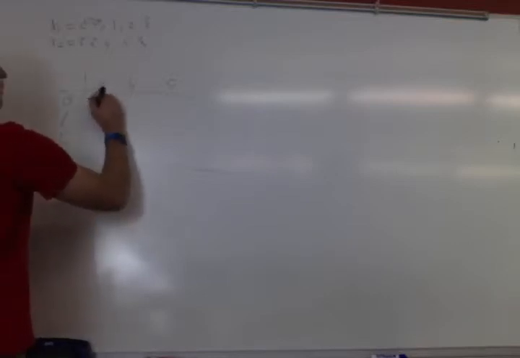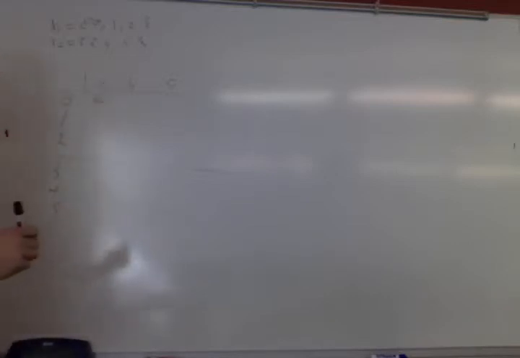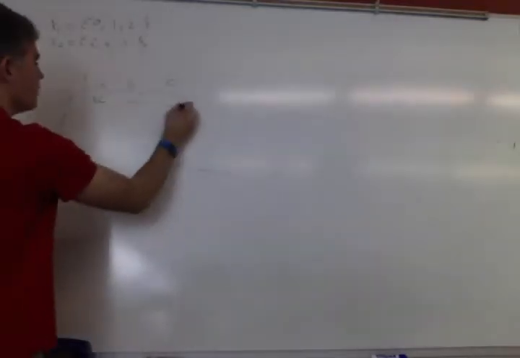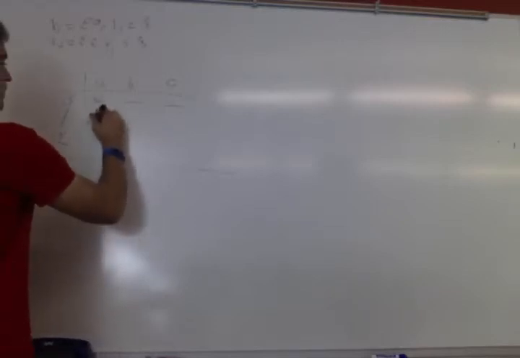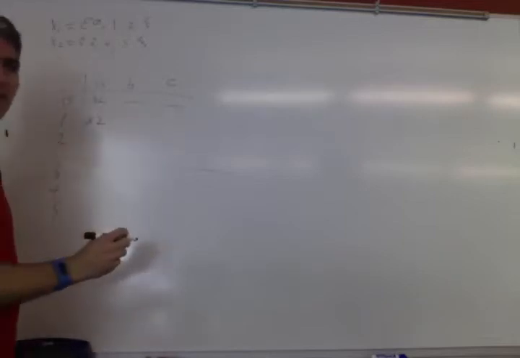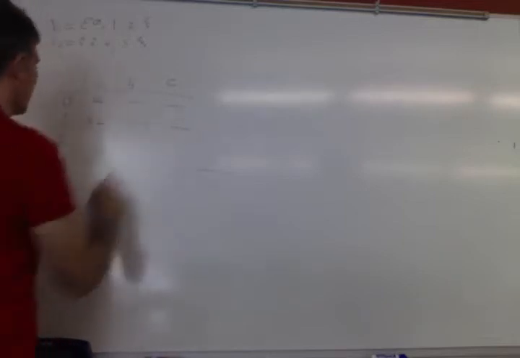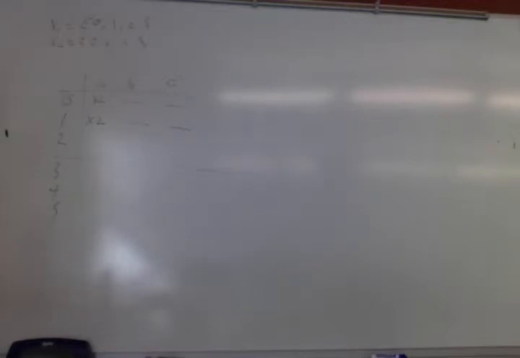Which is in partition X2. Where does it go on B and C? Nowhere. Where does 1 go on A? X2. Where does it go on B and C? Nowhere. Where does 2 go on A?